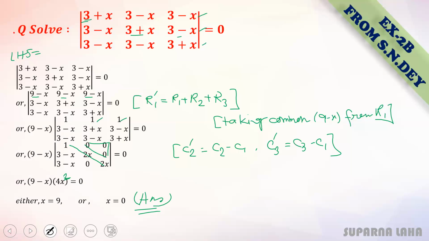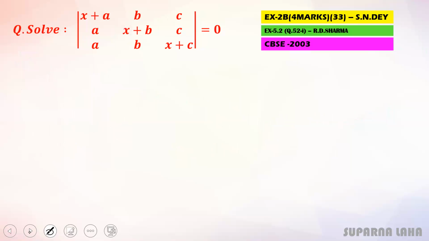Okay, so moving to the next problem. Here this question description is given. Just go through it. This question is from NCERT and this from R.D. Sharma, and this is year-wise question. So x plus a, b, c; a, x plus b, c; a, b, x plus c.